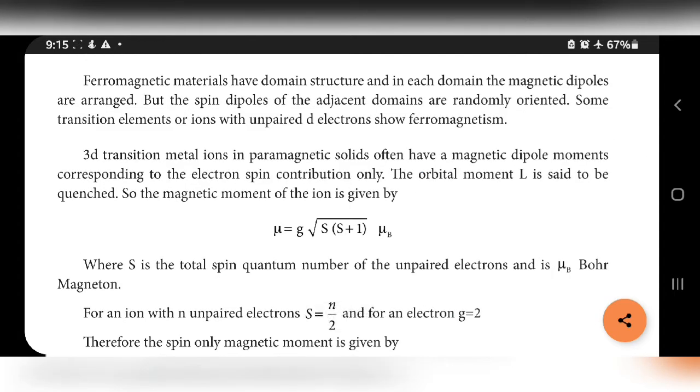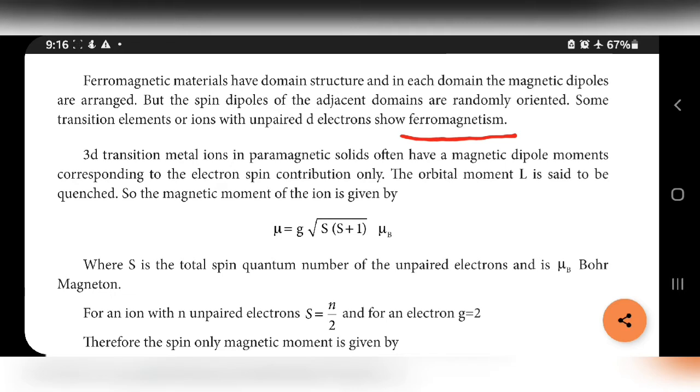Ferromagnetic materials have a domain structure, and in each domain the magnetic dipoles are arranged, but the spin dipoles of adjacent domains are randomly oriented. Some transition metals or ions with unpaired electrons show ferromagnetism. Already I explained, magnetic properties are mainly classified into two, paramagnetic and diamagnetic.